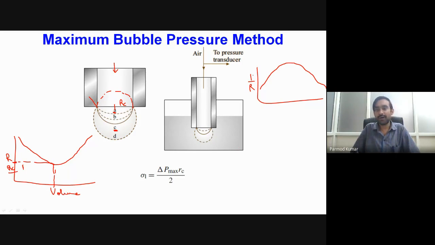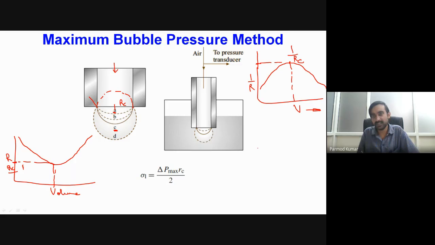From this variation, we can see that our curvature gets its maximum value when our radius is equivalent to the radius of the capillary. The maximum value of curvature is equal to 1 by RC in one direction, and 1 by RC in the other direction because of the hemispherical nature.